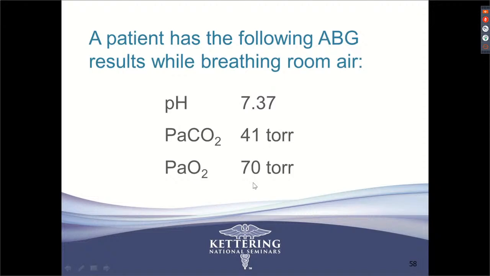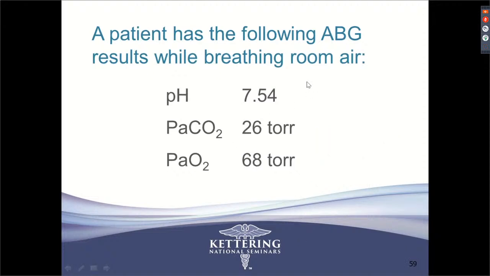Look on your box there. VQ mismatch. How do I fix a VQ mismatch? I give them oxygen up to 60%. Okay. So again, what can cause a room air PO2 of that? If I had an increased CO2, I'd ventilate them for the VQ mismatch. But again, it's not the increased CO2 because the CO2 is normal.